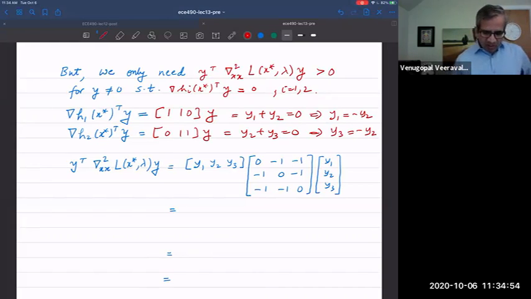Okay, so you're not really checking this positive condition for all y, but only y that have these constraints on them. So let's actually check it for those y's. What happens to this product? So look at this product, which is this vector times this times this.